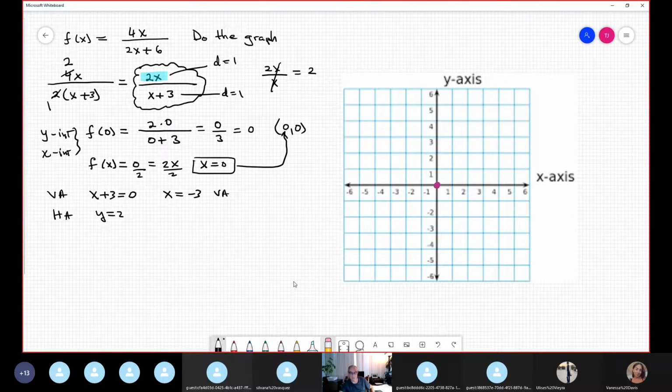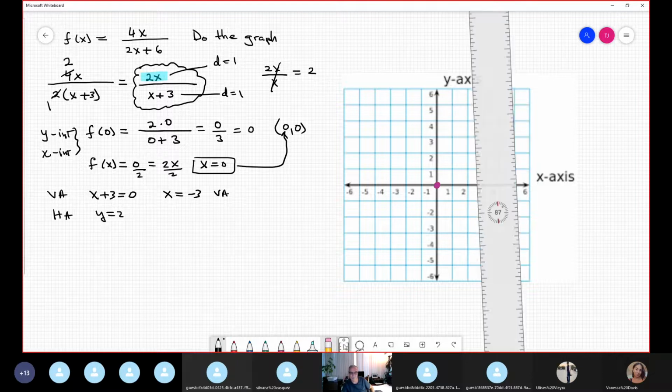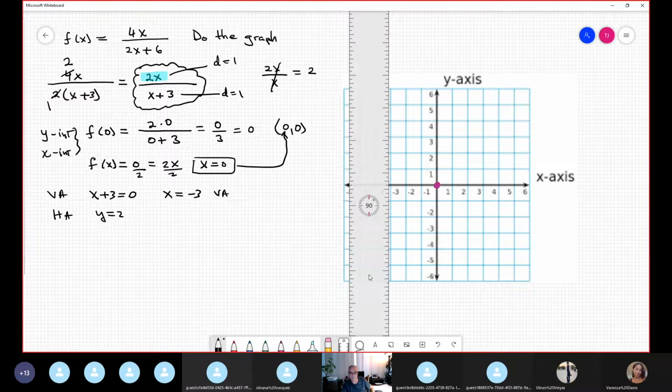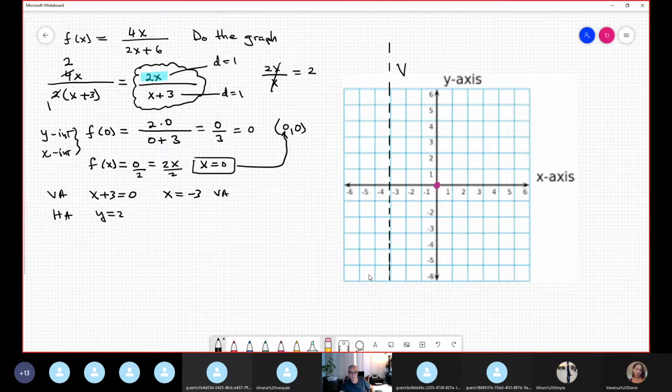Look here, -3. This is the vertical asymptote. Vertical asymptote at x equal -3.